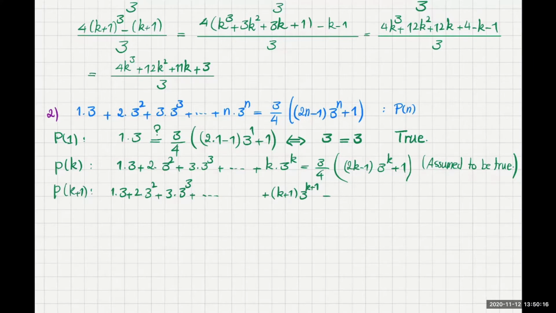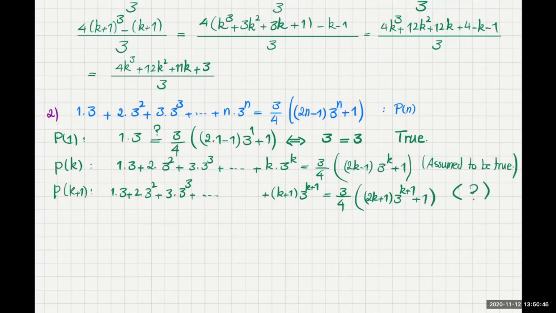On the right-hand side I have 3/4. The same story, yes. So this k should be replaced by k + 1, so it becomes 2(k + 1) - 1. It becomes 2k + 2 - 1, so it becomes 2k + 1. Yes. So this becomes 2k + 1, and then instead of 3^k, I have 3^(k+1), and then I have plus 1 at the end. So this has to be proven.